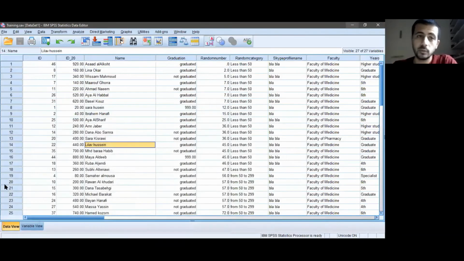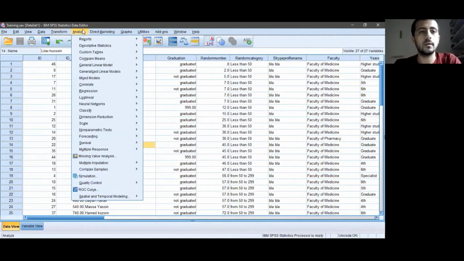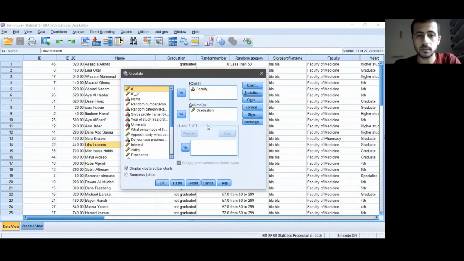What else can we do? Okay. So, descriptive, crosstabs. Here we have layers for stratifications. So if I don't just need to measure 2 variables, I need to measure those two variables, but I need to understand the effect of one other variable on one of them.